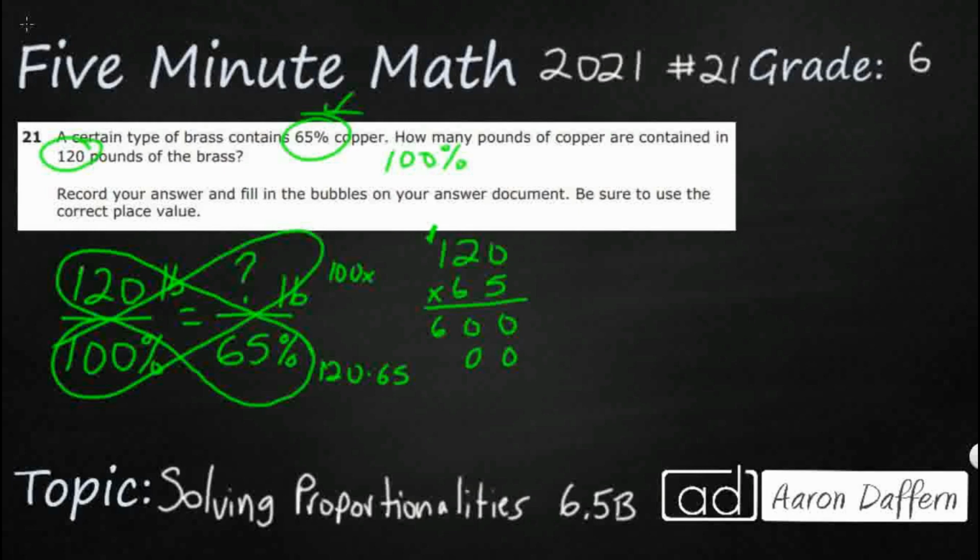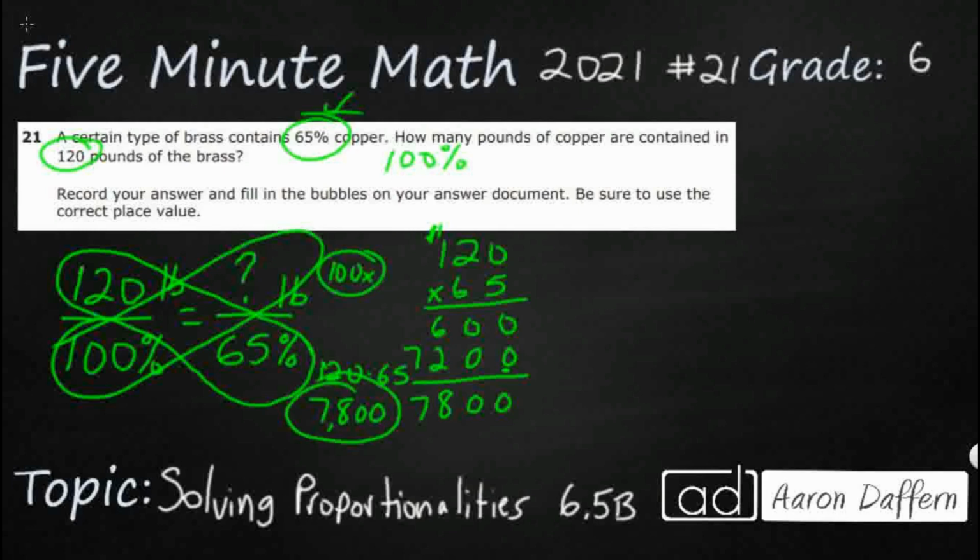Remember, we put that first 0 here because we're starting in the tens place. 6 times 2 is 12, carry the 1. 6 times 1 is 6, add that 1 back in is 7. So it looks like I've got 7, 8, 0, 0. So that's 7,800, but remember that 7,800 is equal to this, right?